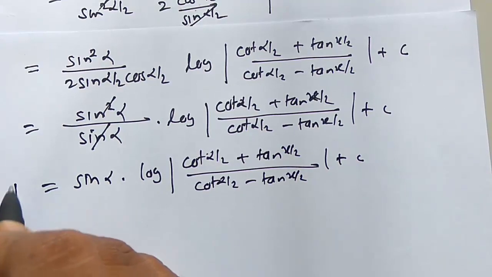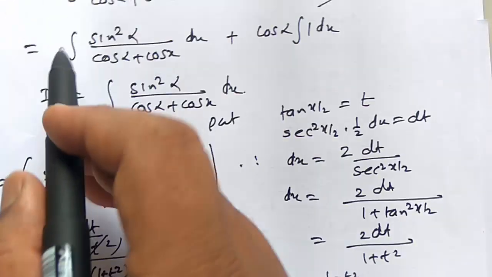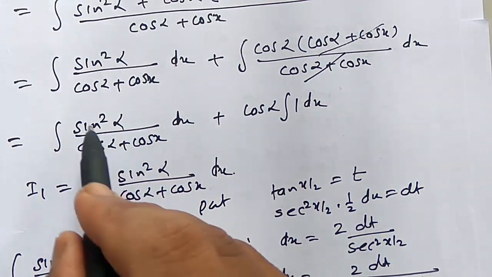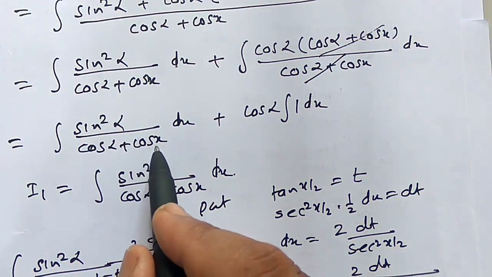So this is I1, and therefore now I is equal to integration of sin square alpha upon cos alpha plus cos x dx.